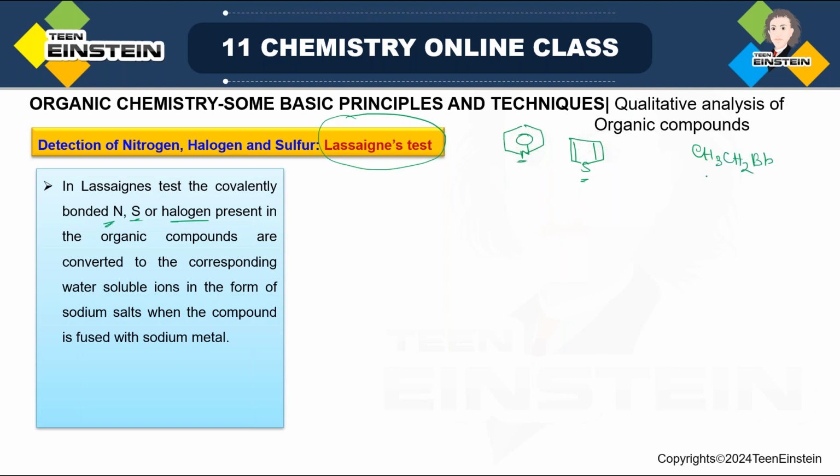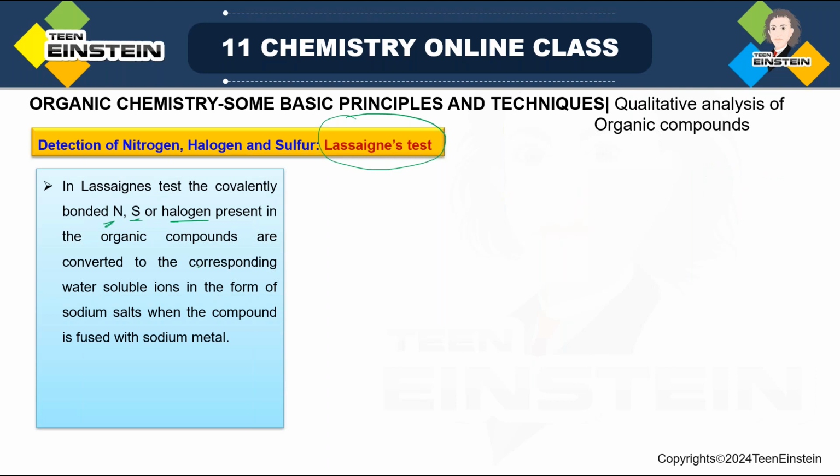So here halogen is present. So these are the different cases. Though this compound is not solid, mostly the test is for solid or liquid because handling gaseous molecules is difficult. So for this test mostly it is liquid or solid. So these are some examples where halogen, nitrogen, sulfur are present in an organic compound.